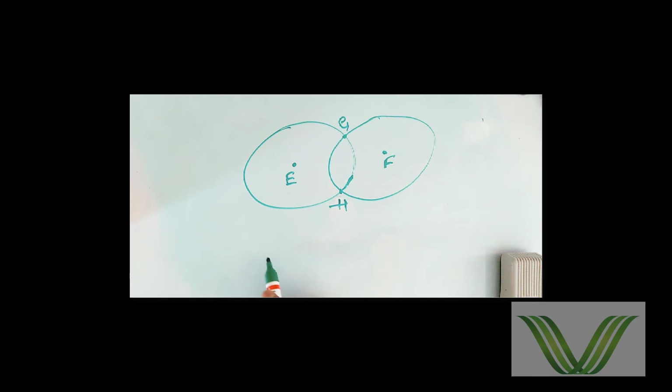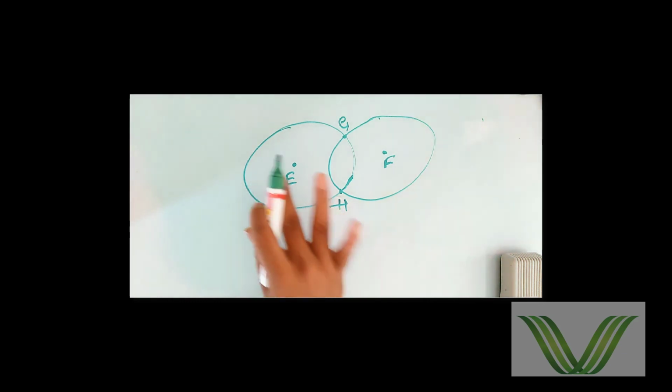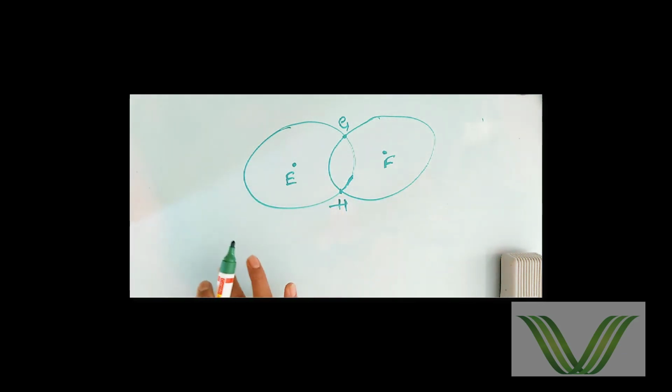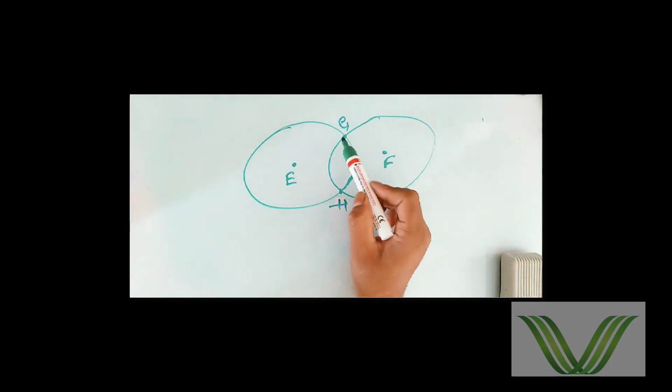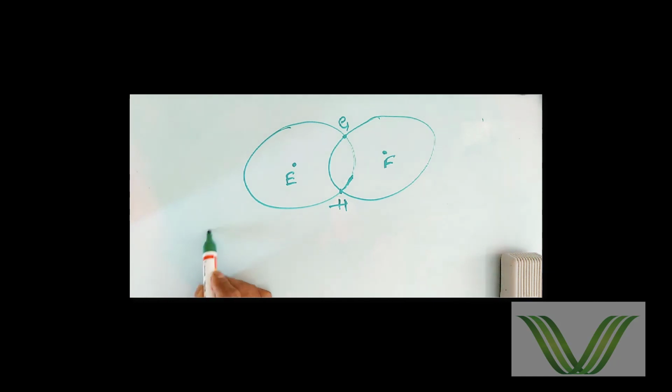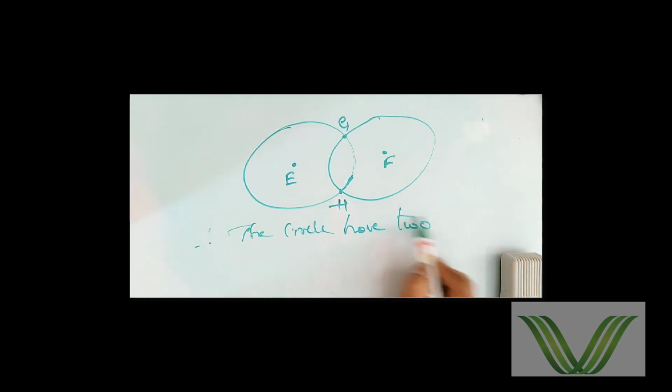G and H. Okay. Therefore, this particular figure gives us the information that when two circles intersect each other, we have two different points, as per this diagram, G and H. Therefore, the circles, when they are intersected, have two common points.